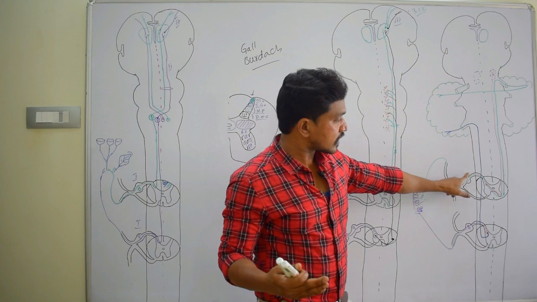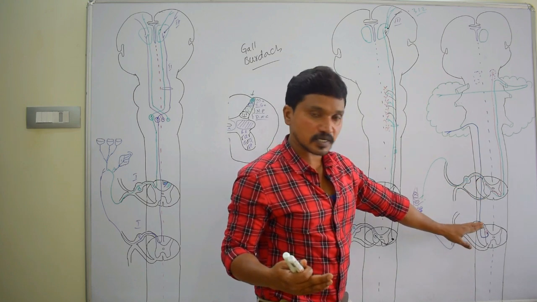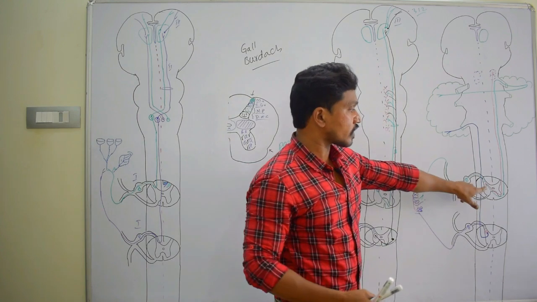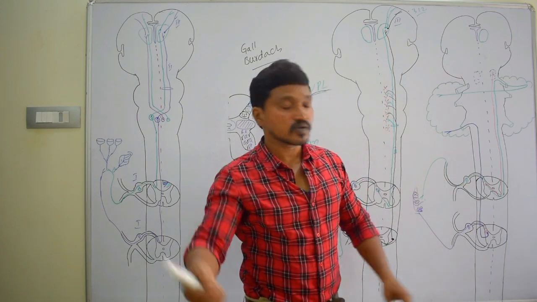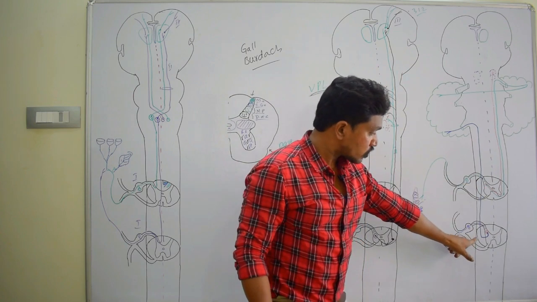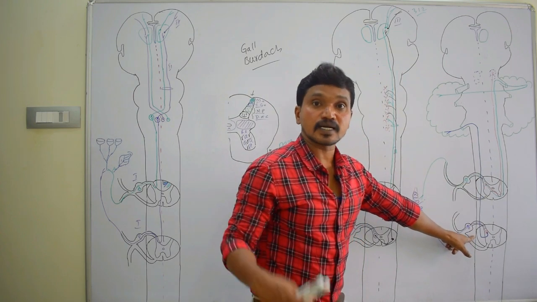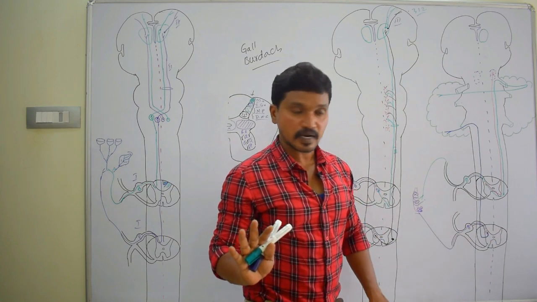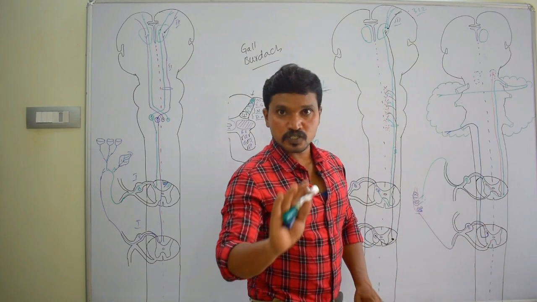From there, the central process takes the same sensation and reaches the posterior horn nuclei. In the case of the anterior spinocerebellar tract, second order neurons will start in the marginal nucleus. But in the case of the dorsal spinocerebellar tract, second order neurons will start in the dorsal nucleus of Clarke. Right? Up to this, the course is the same.